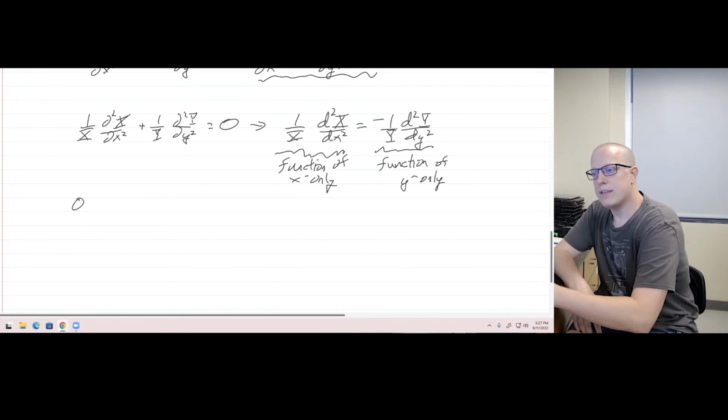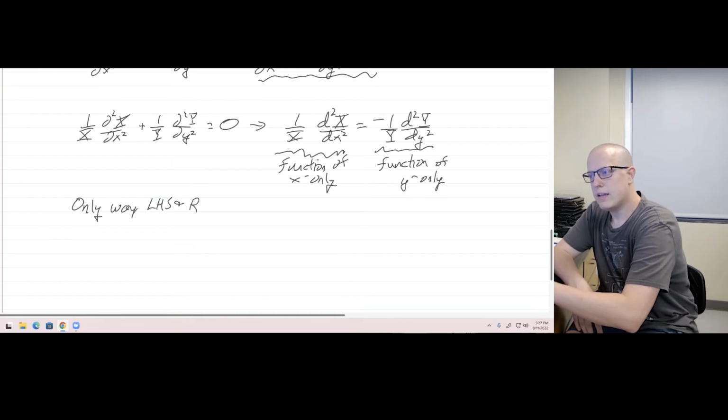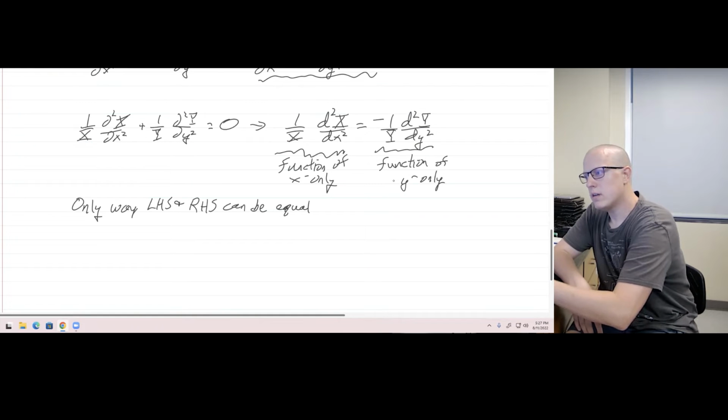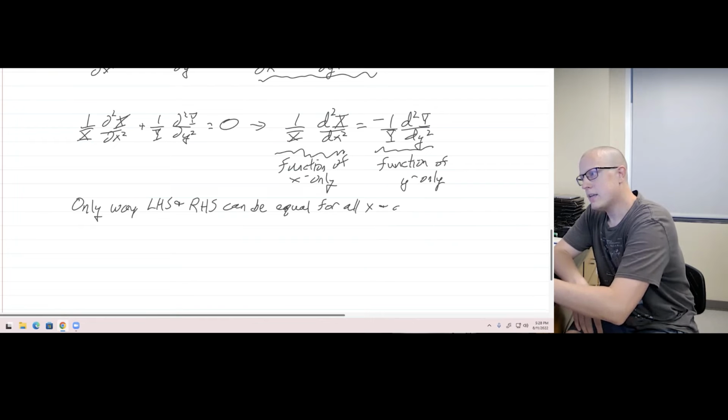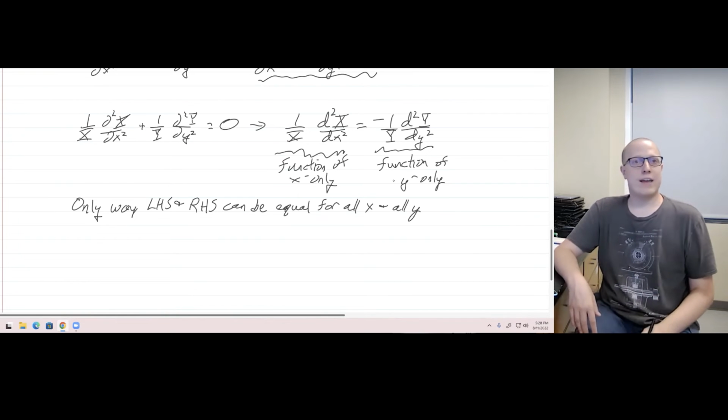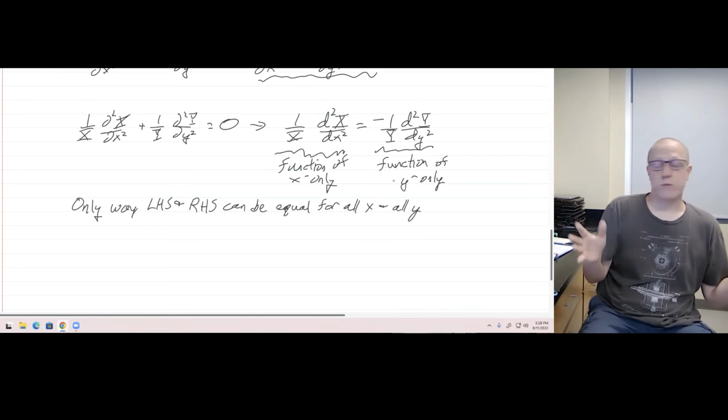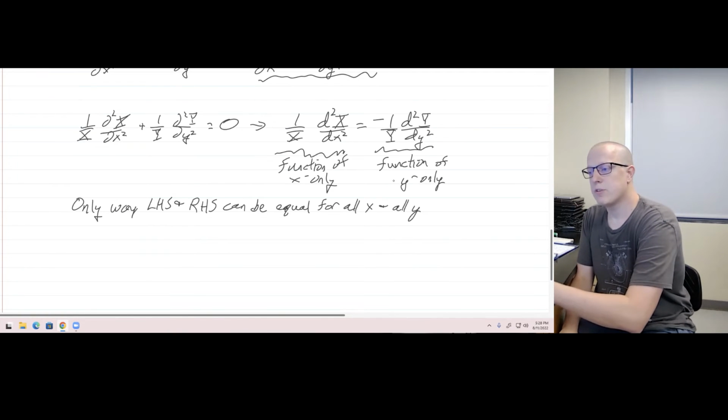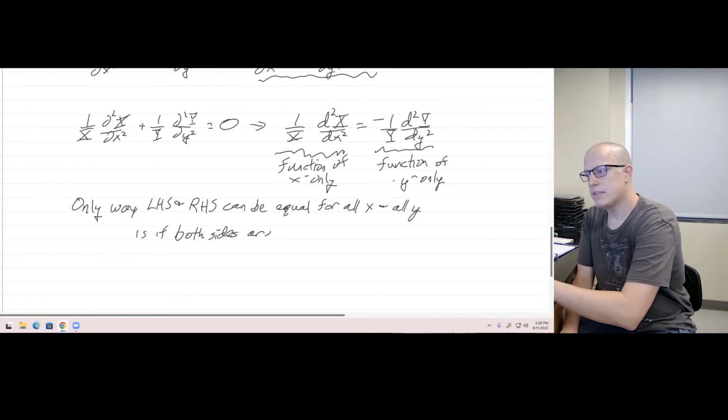The only way this can be true, the only way the left-hand side and the right-hand side can be equal for all x and all y, because again, I could pick whatever value I want for either of them, the only way this can be true is if both sides are constants.